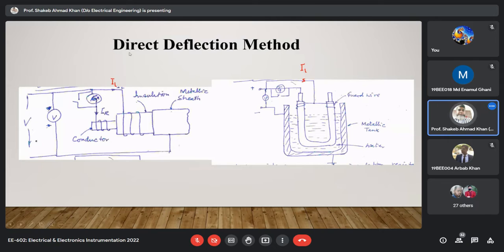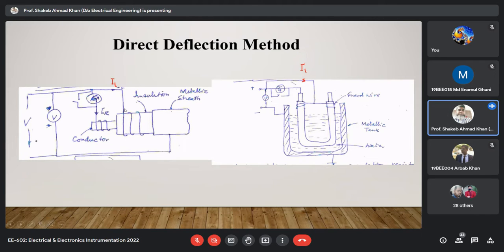In this case, obviously a very high DC voltage is required, and we are measuring cable insulation resistance. This is the core, the conductor of the cable. This is the insulation, and sometimes you'll find that the outer cover of a cable is a conducting sheath that provides protection to the cable.